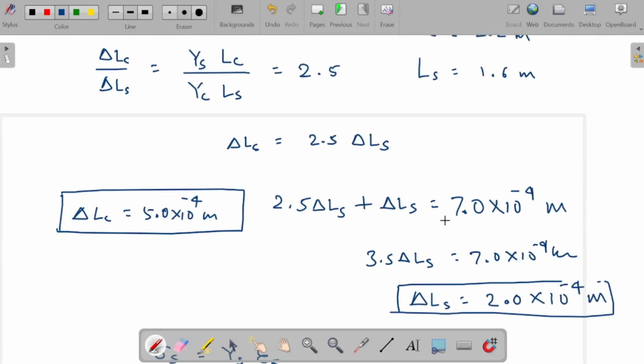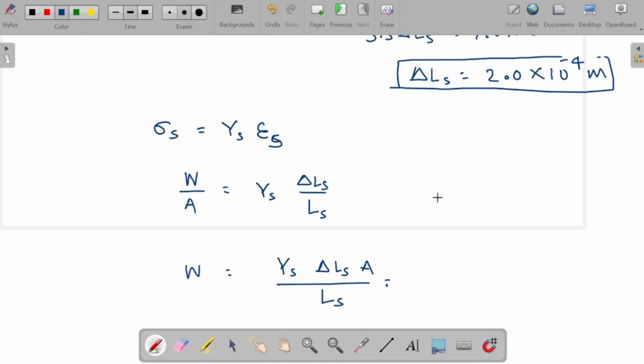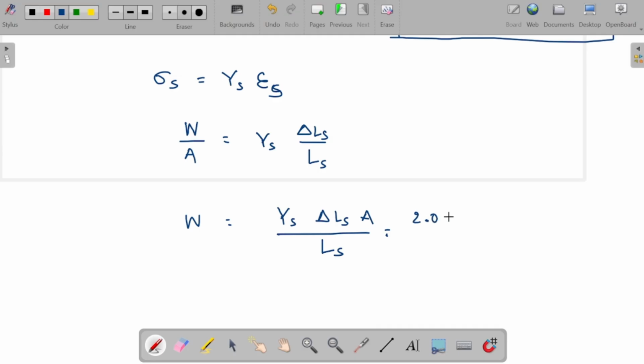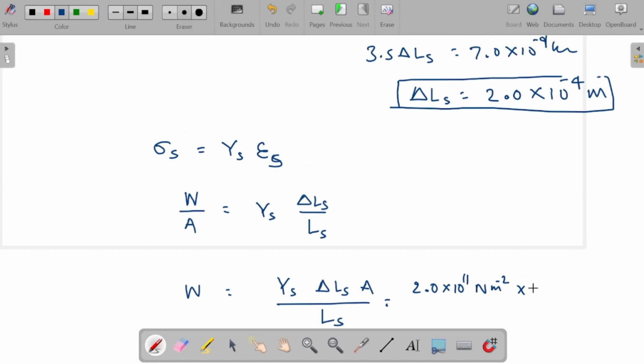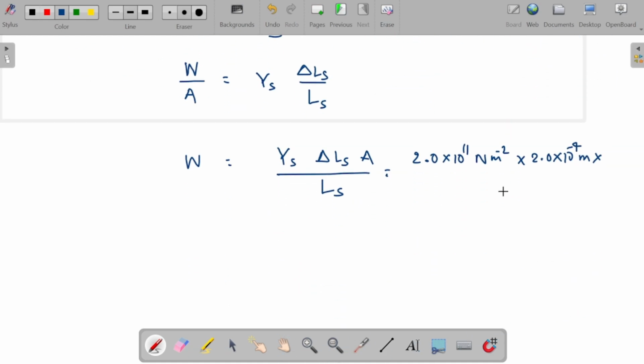This one, YS is given here, 2.0 into 10 to the power 11 Newton per square meter, and then delta LS we have just obtained, it will be 2.0 into 10 to the power minus 4 meter, and then area will be pi r square, and radius will be 1.5 millimeter.